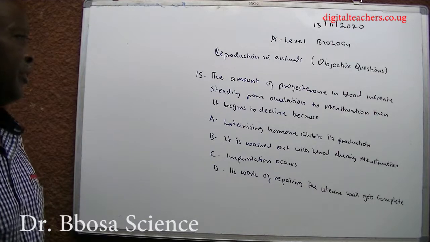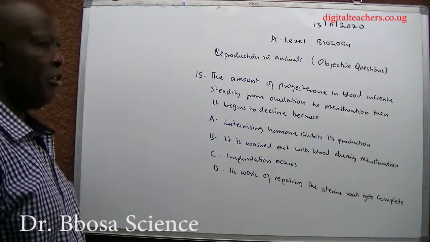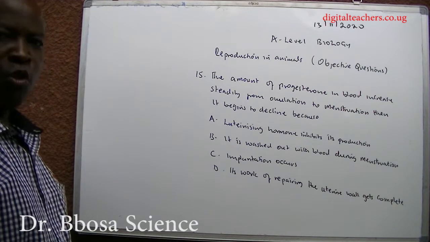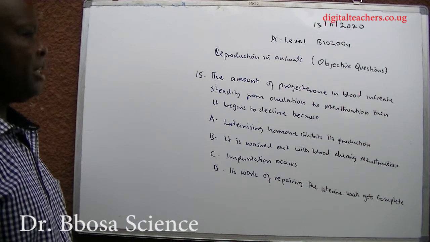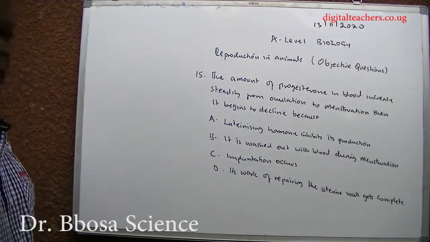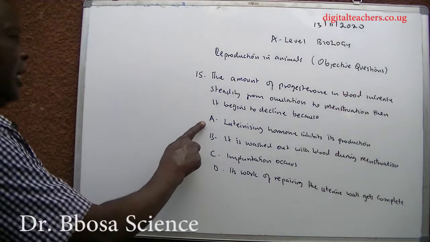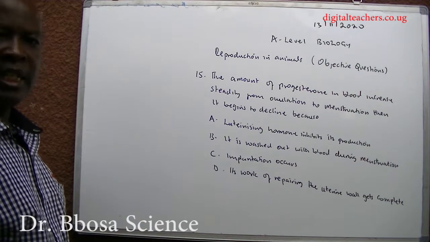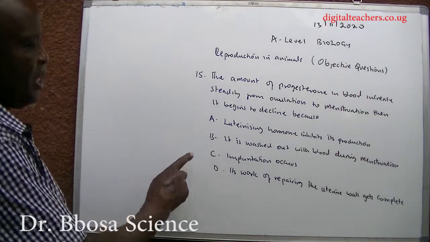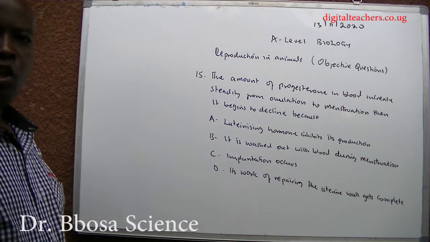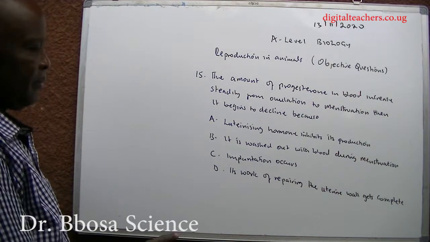Number 15. The amount of progesterone in the blood increases steadily from ovulation to menstruation. Then it begins to decline because A. Luteinizing hormone inhibits its production. B. It is washed out with blood during menstruation.